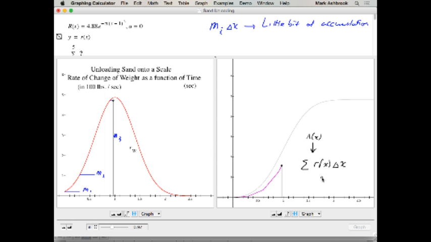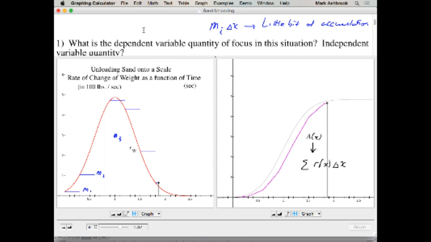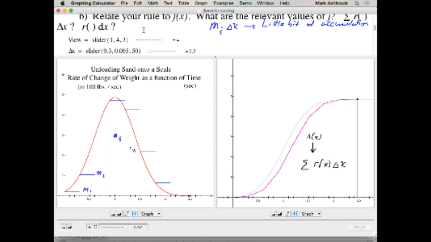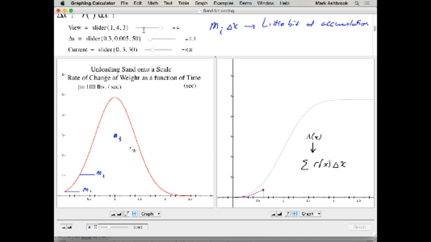What about making progress toward exact accumulation? What was that about? So how did we do that, Kelly? I've got this approximate accumulation function, which built on summing up these little bits of accumulation: rate times change in x plus rate times change in x plus rate times change in x.